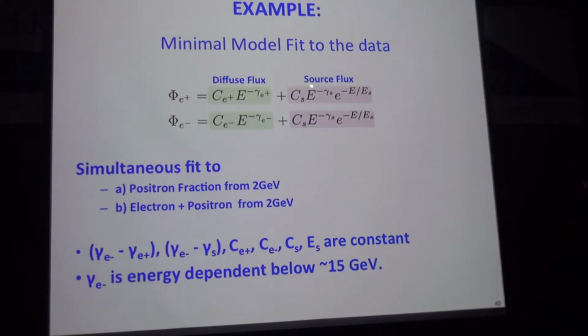And we assume that the source is the same for positron and electron. Certainly the diffuse flux is different for positron and electron. And we can determine these parameters by fitting the data.